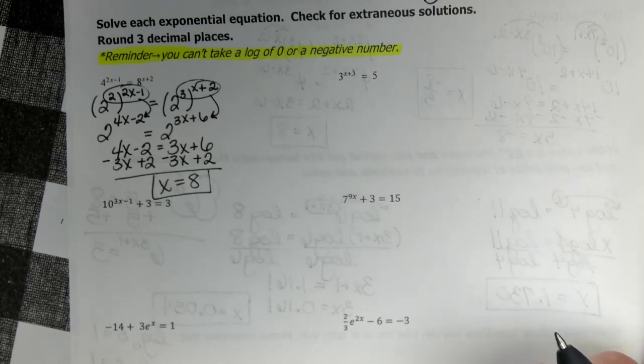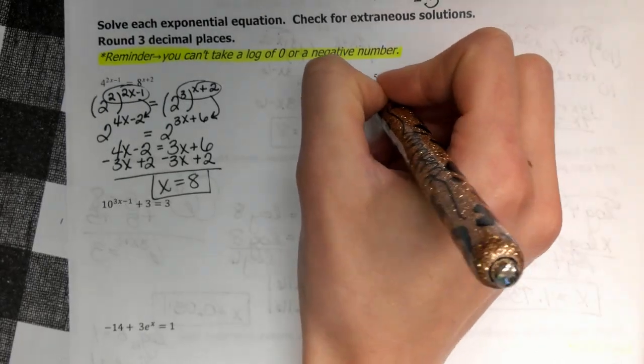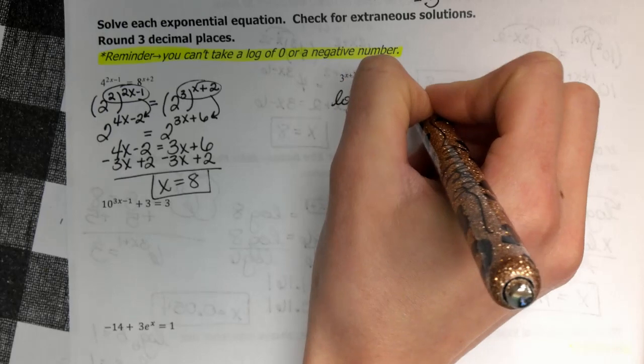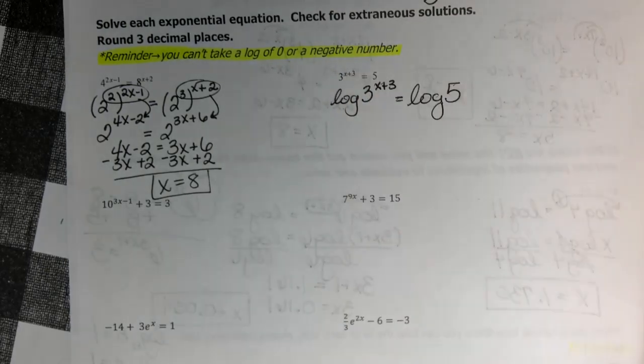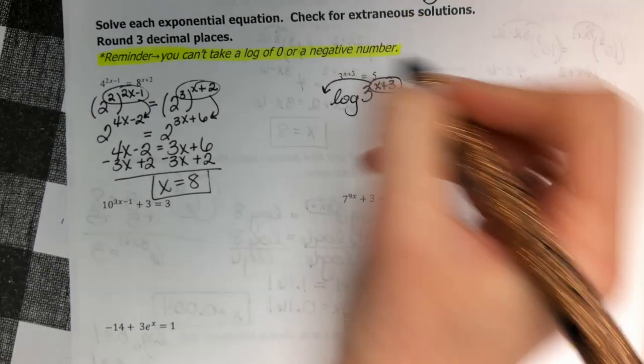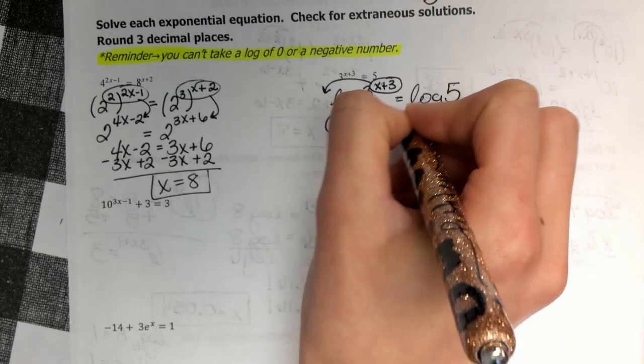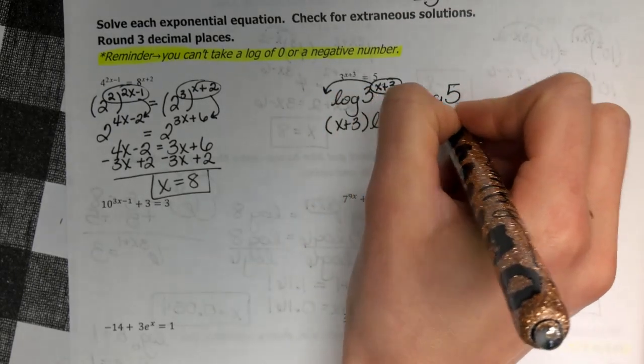Alright, so when I have 3 raised to the x plus 3 equals 5, I'm going to do log of both sides. So log of 3 raised to the x plus 3 equals log of 5. Then that x plus 3 comes forward in parentheses: x plus 3 log of 3 equals log of 5.